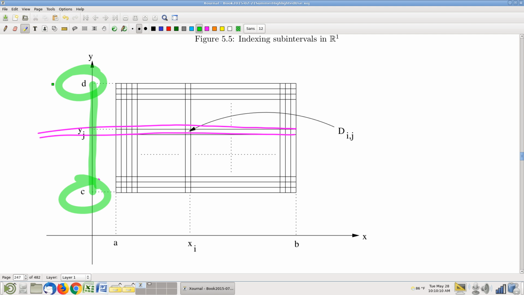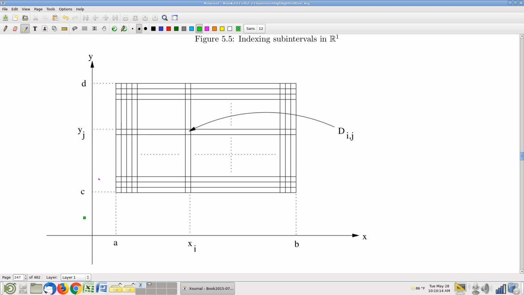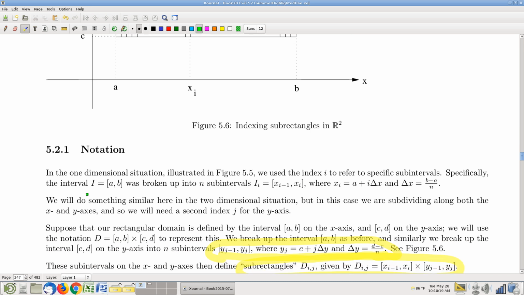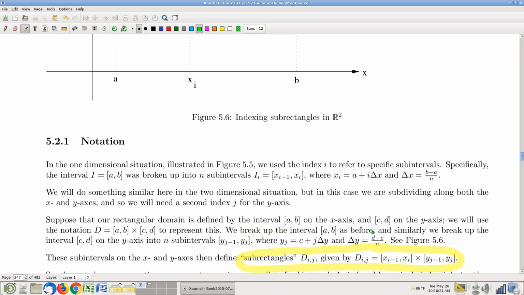The structure of the argument there is going to be a lot like what we just got through looking at, and no surprise then with the familiar results down here. Delta y is, instead of b minus a over n, it's d minus c over n.